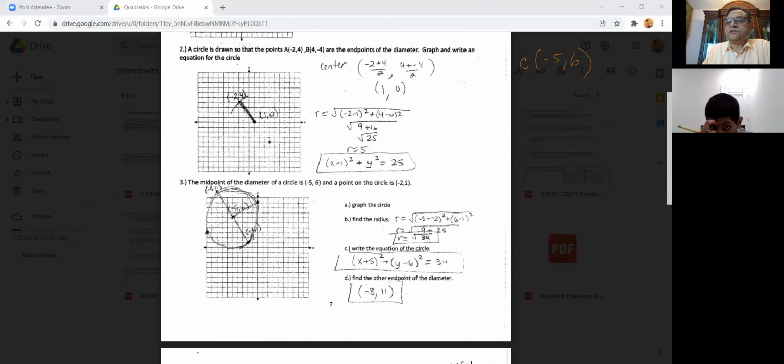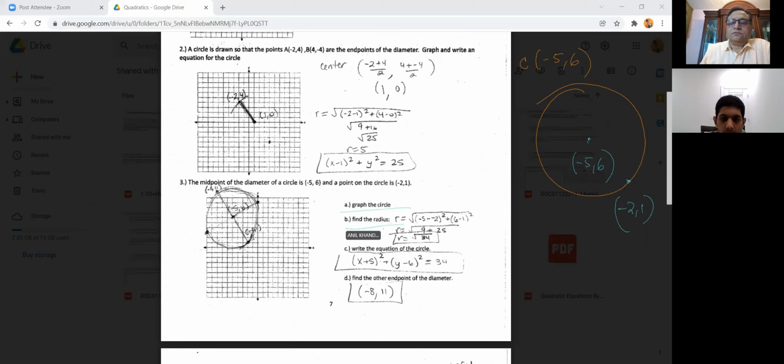So this is a circle, and what we are given here is the midpoint (-5, 6). And we're also given a point on the circle as (-2, 1). Correct? Yeah.